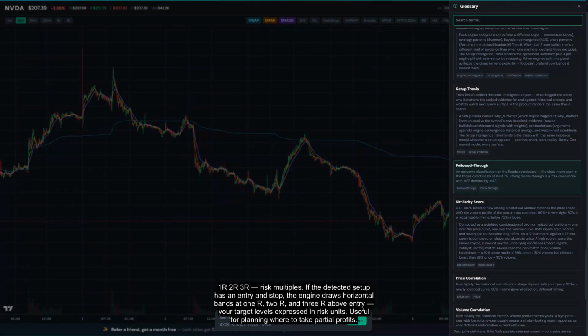One, two, or three are risk multiples. If the detected setup has an entry and stop, the engine draws horizontal bands at 1R, 2R, and 3R above entry, your target levels expressed in risk units. Useful for planning where to take partial profits.